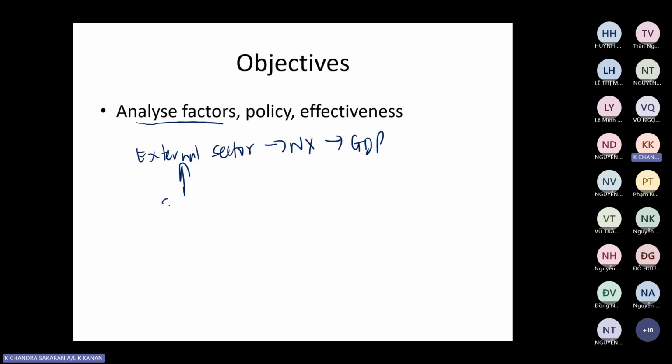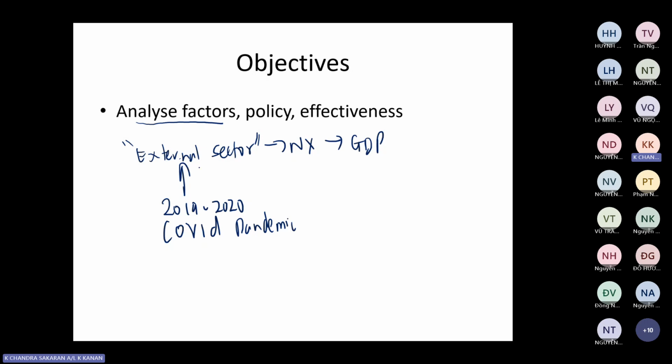For example, during 2019 to 2020, we have COVID, correct? COVID pandemic. During this time, you find the external sector is one of the sectors which is badly affected. Correct or not? For example, the tourism sector, and our export because of supply chain problems.